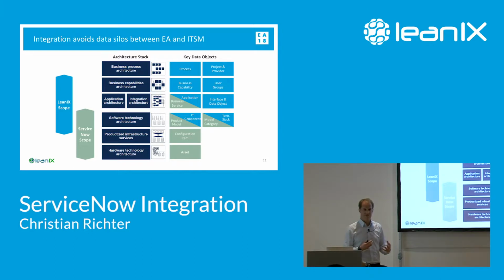There's a whole range of tables or fact sheet types, like process, business capability, that we see more or less in the ownership of the EA team, user groups as well. So relating that information, and then we come to the similar ones.